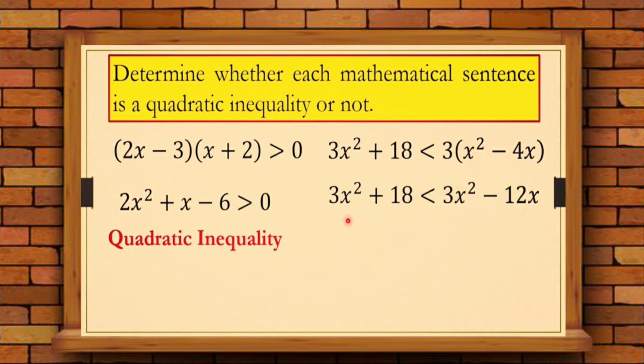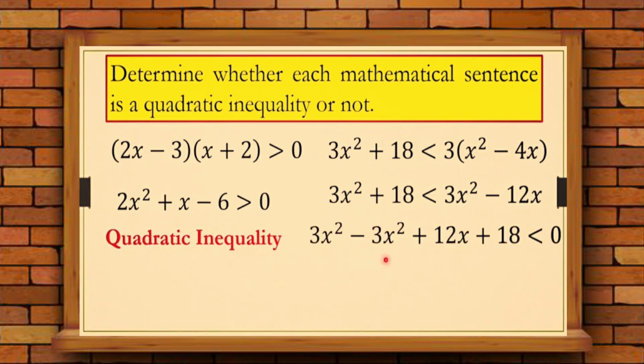So, we can now transpose 3x squared. Therefore, 3x squared minus 3x squared, plus our linear term, which is negative 12x. Move it to the left side, that will become plus 12x plus 18 is less than 0.